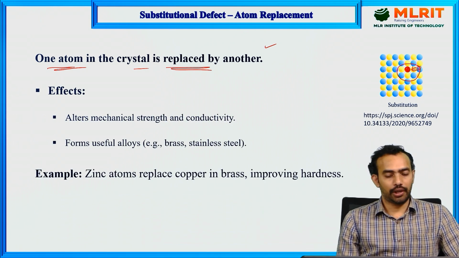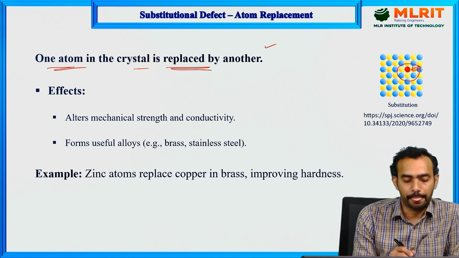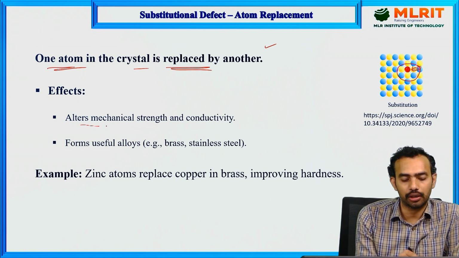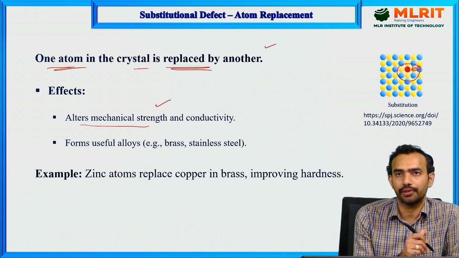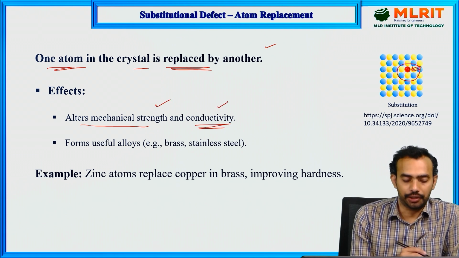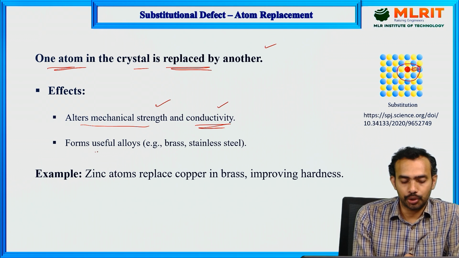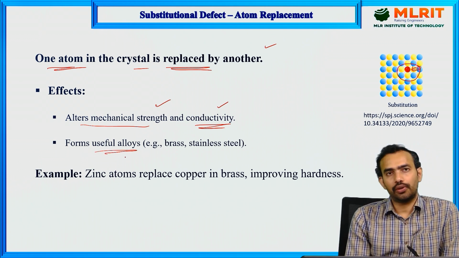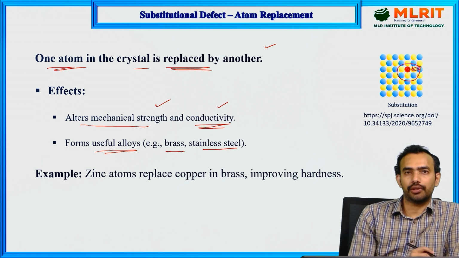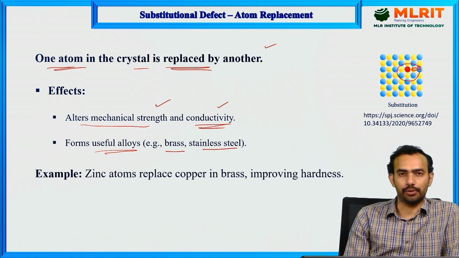So what is the effect of the substitutional defects present in the material? It alters the mechanical strength, obviously, and the conductivity of the material. It forms useful alloys like stainless steel and brass, which are formed because of substitutional solid solutions.